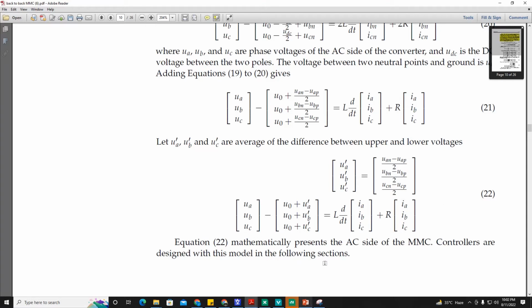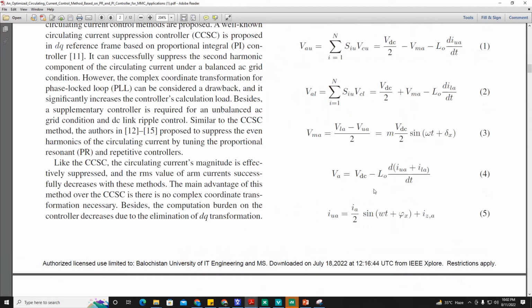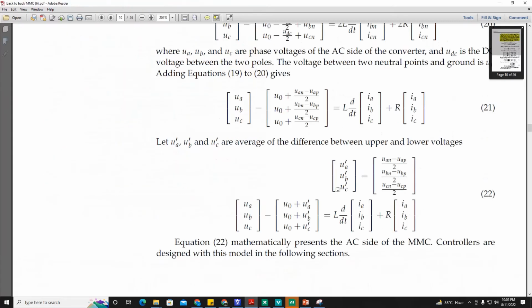Now basically equation 22 is in matrix form, and this equation is for three phase. This is basically the same as this equation, but this is for only A phase. You can also write it for B and C, and you can also write it in matrix form. If you put it into the matrix form, these two equations will be similar.